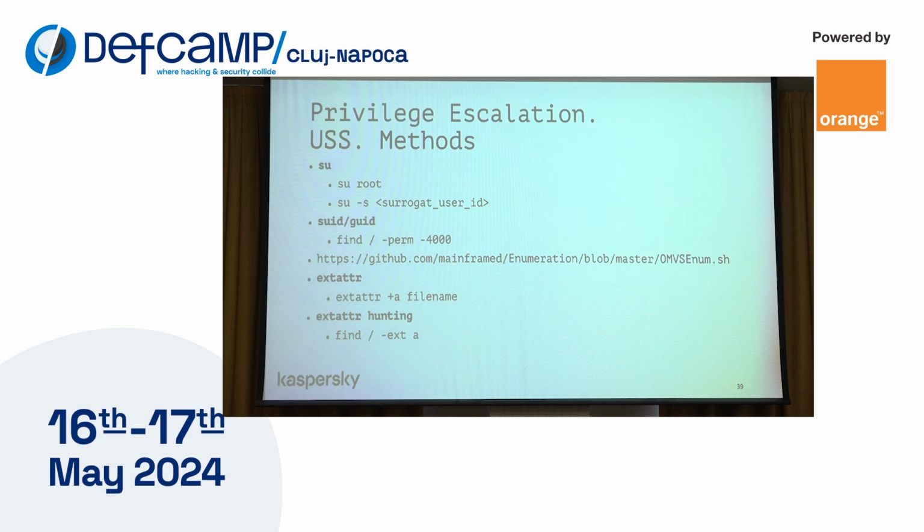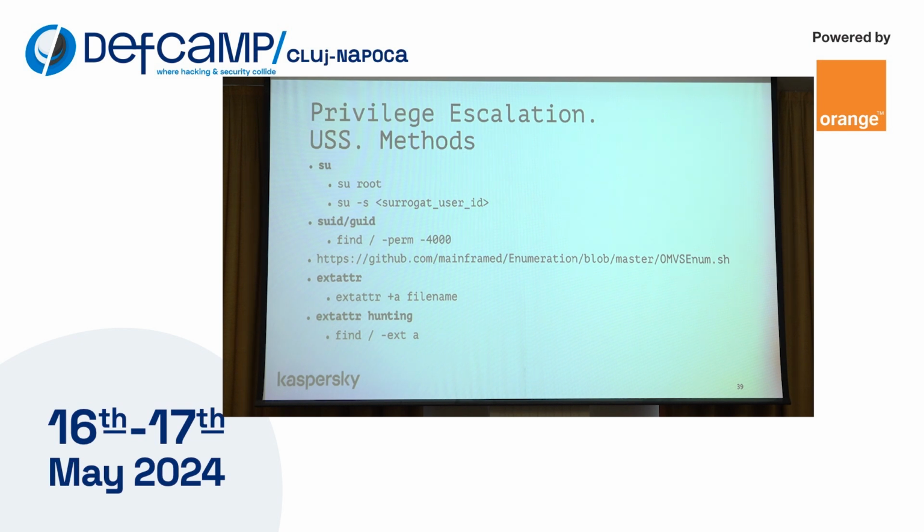There is an interesting script that may help you to find some unusual features of a certain mainframe configuration, and you may come across some interesting files, access to some interesting utilities, and so on. And the last interesting thing is the utility xutter.